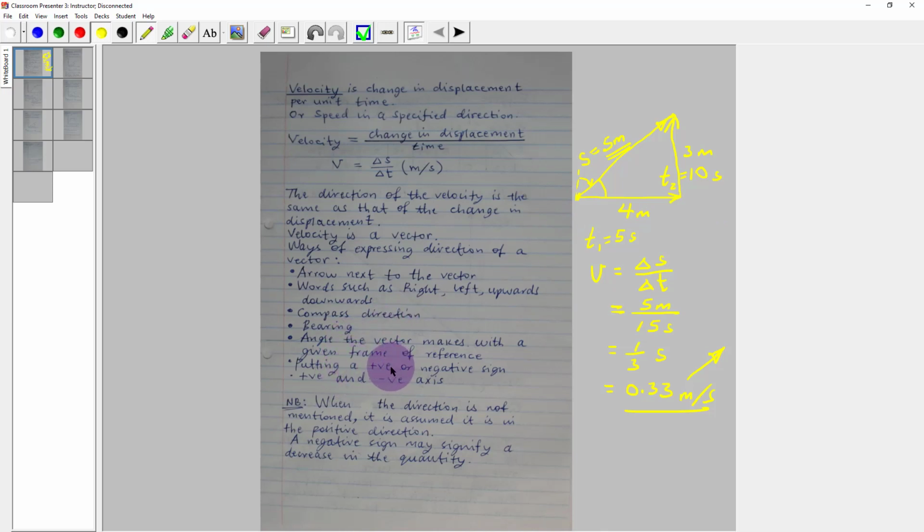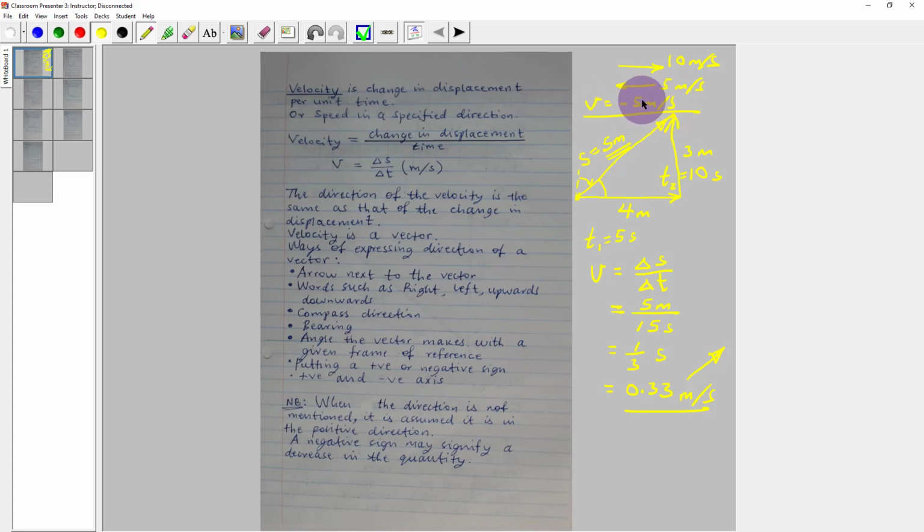Or you can put signs such as positive and negative. In this case, this one does not apply. Positives would only apply if you are told that the velocity of this object could be 10 meters per second in that direction. When the direction changes and it is moving in the opposite direction of, let us say, 5 meters per second, for example, we can say the velocity of the object is negative 5 meters per second.